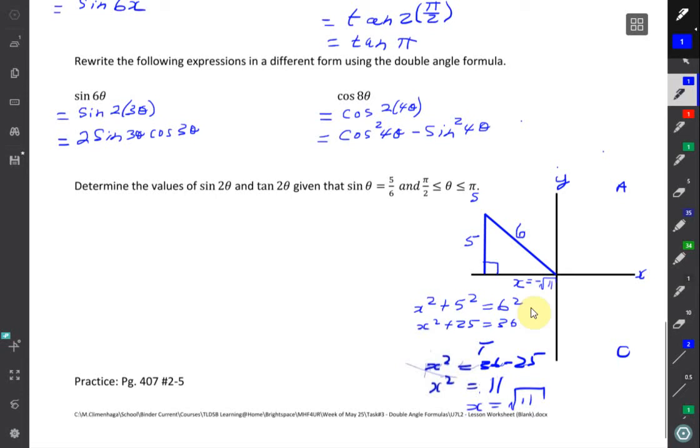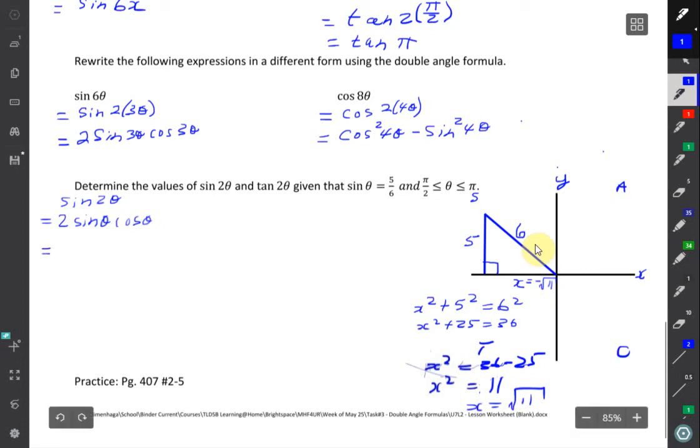Starting with sine 2 theta, once again, sine 2 theta is equal to 2 sine theta cos theta. We already know the value of sine theta, but we don't know the value of cos theta yet. If we look over at this diagram, cos theta is negative the root of 11, the adjacent, over the hypotenuse, which is 6.